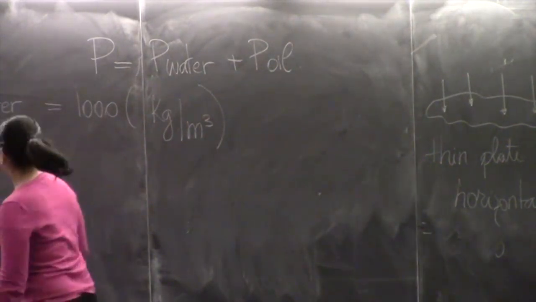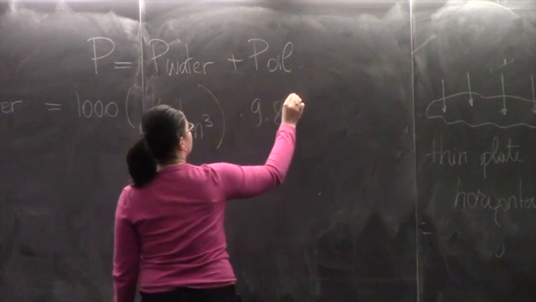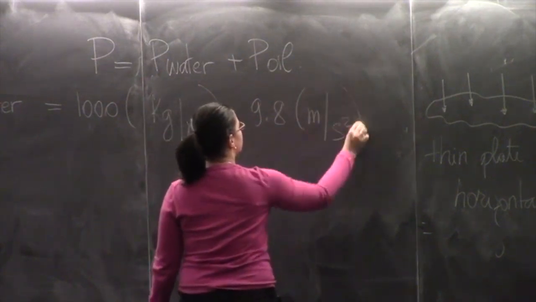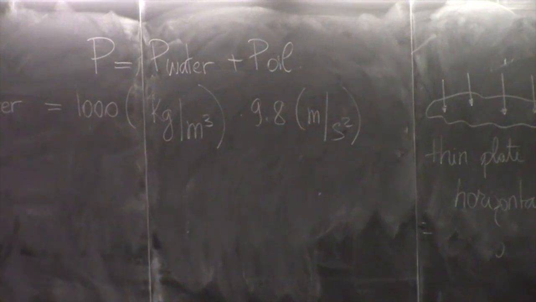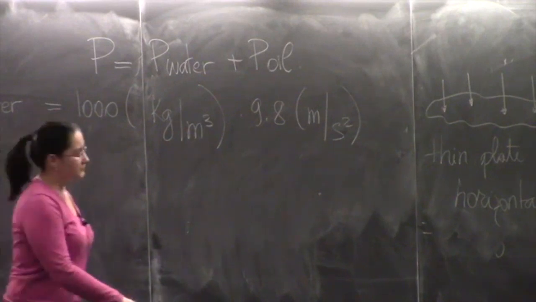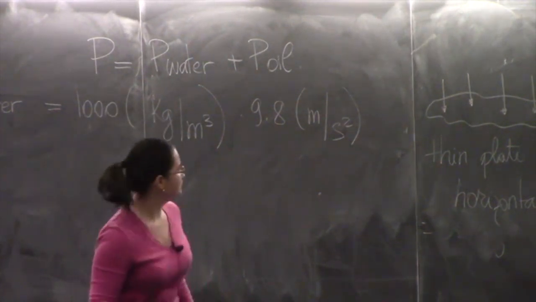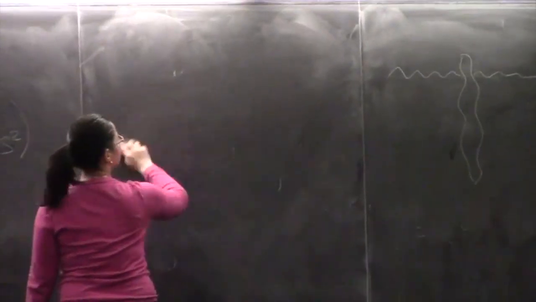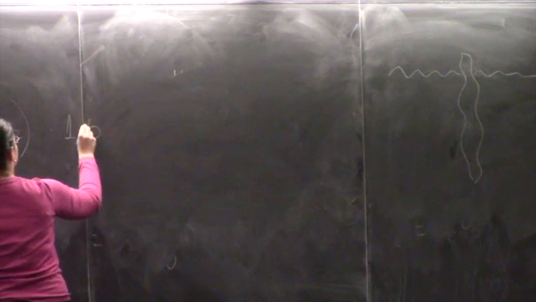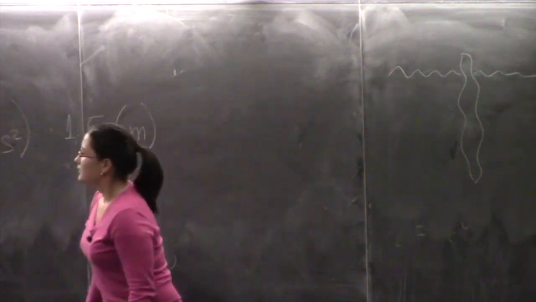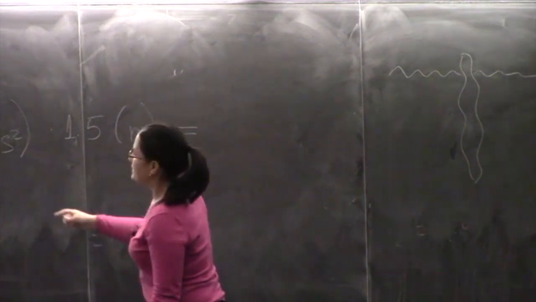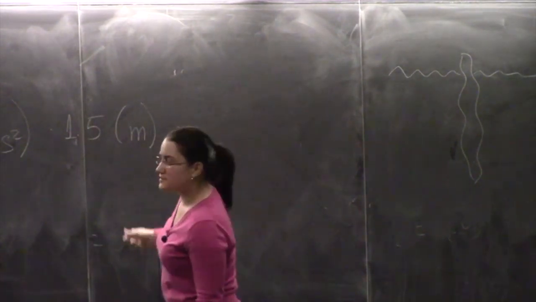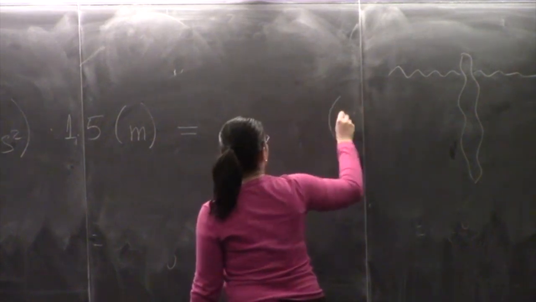The constant of gravitational acceleration is 9.8 meters per second squared. And the height of the water on top is going to be 1.5 meters. And because all measurement units are expressed in standard units, we're going to get the final answer expressed in pascals.